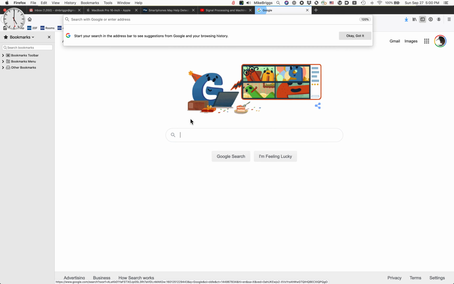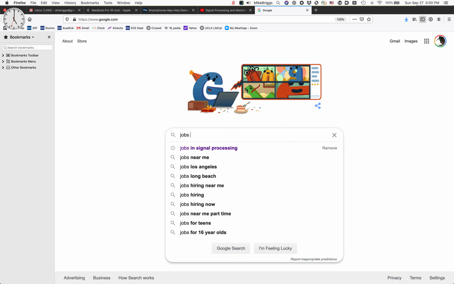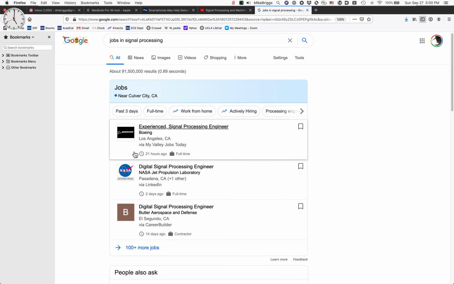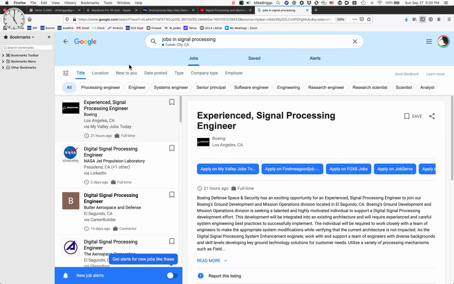So jobs. What about jobs in signal processing? So you can type in jobs in signal processing, which obviously I've done before, and you get a bunch of these things. 100 plus more jobs, and usually they're looking for experience, but not always.